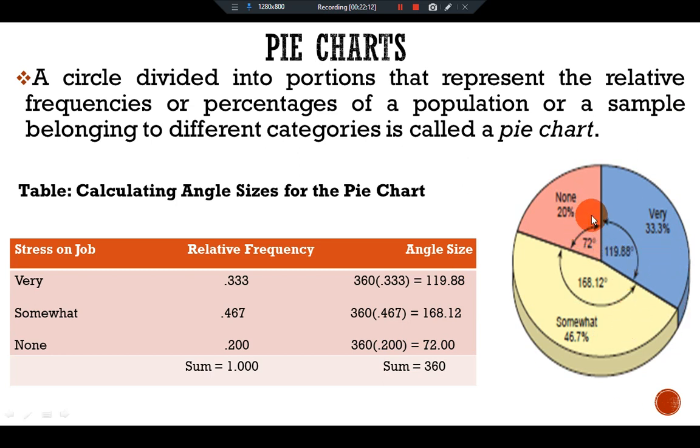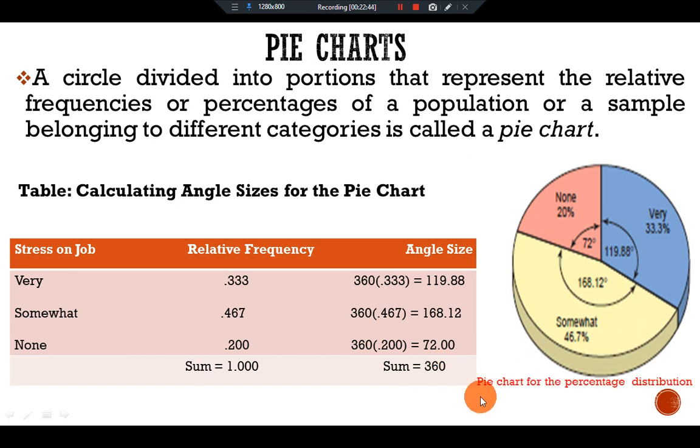So our first category is taking the angle of 119.88 degrees, the second category is taking 168.12 degrees, and the third category is taking 72 degrees. So the sum of the whole pie is 360 degrees.